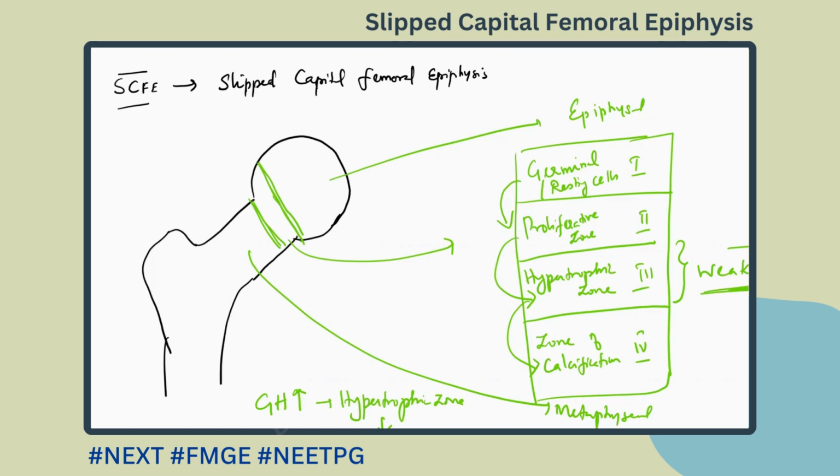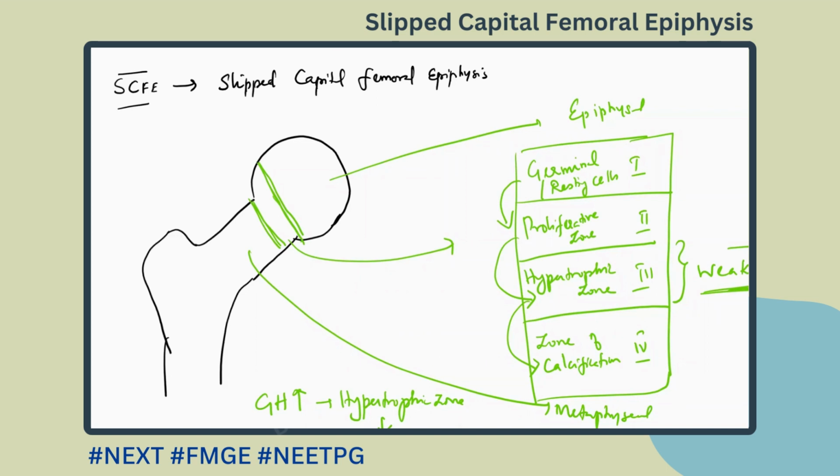So can anyone tell me when the growth hormone increases in our body normally? Normally, growth hormone increases during the adolescent period. During puberty, more growth hormone is produced so that you grow taller.